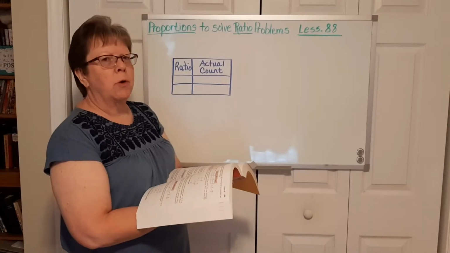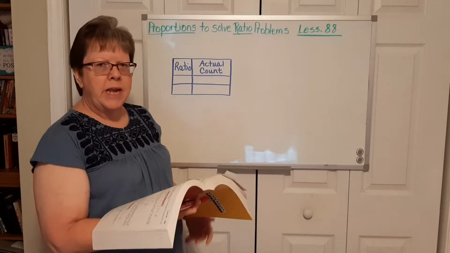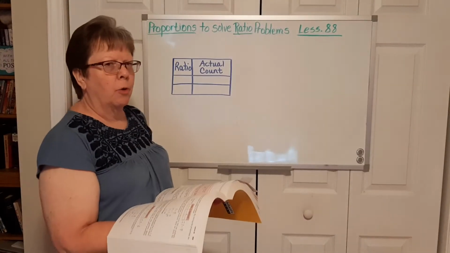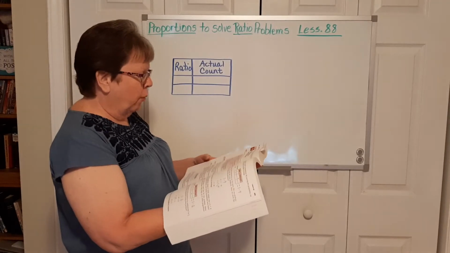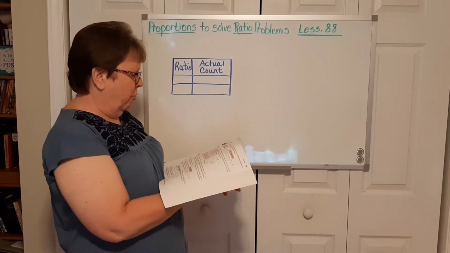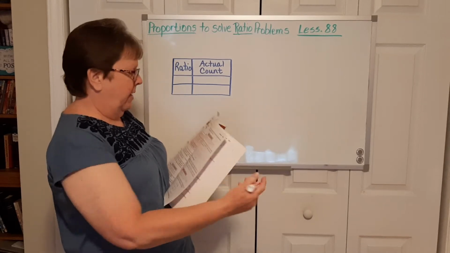Now I'm going to read you a story problem. This is in your book on page 468 if you need to go back and look at that a little bit more after you watch the video. It says the ratio of salamanders to frogs was 5 to 7.